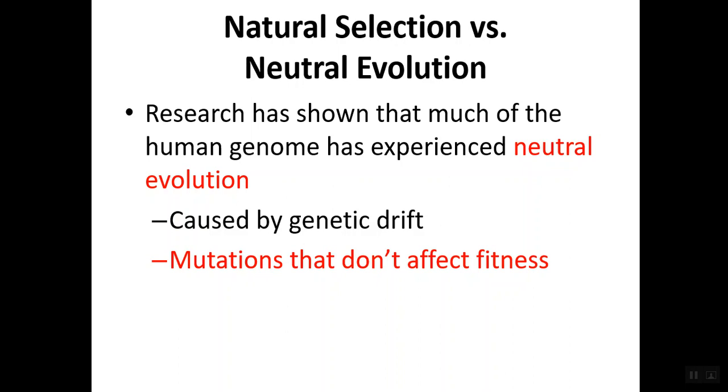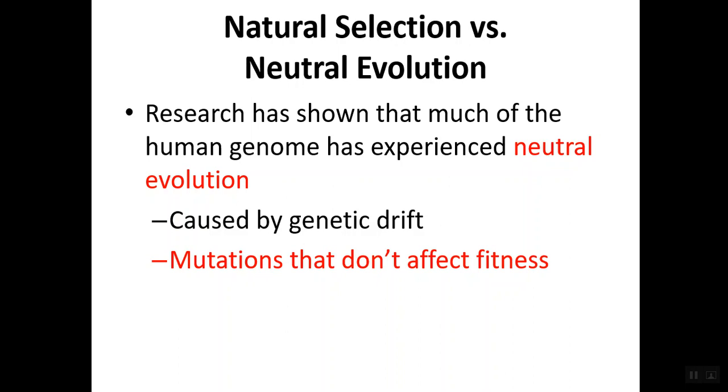But many times, mutations that happen in genes, even though they change the sequence of the gene or of a protein, perhaps don't really affect the functionality of that protein. These are known as neutral mutations.